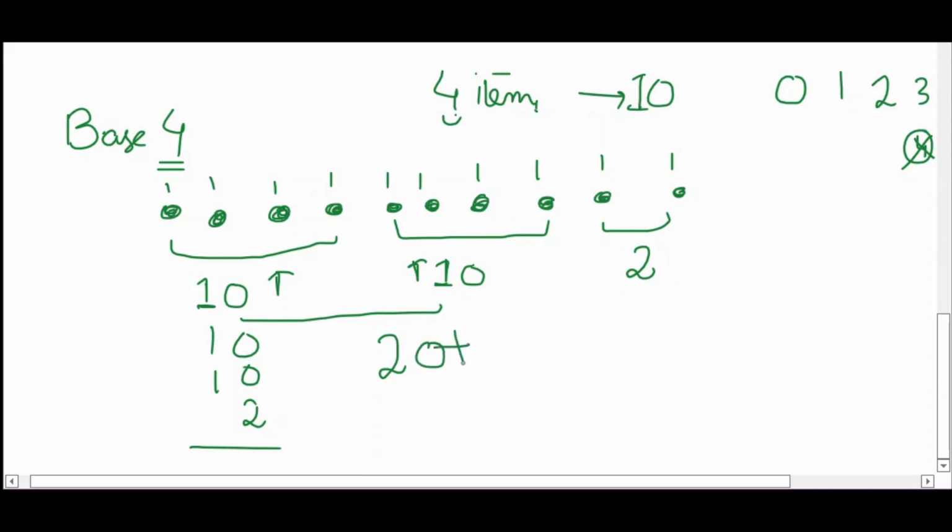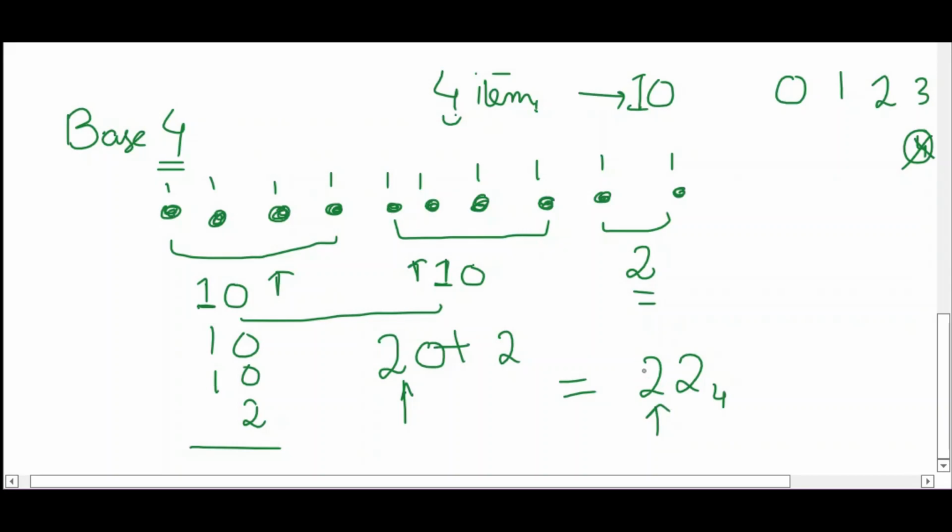And then I have this 2 left over here, which is 2 single ones. So when I add them together, I get 22, but it is in base 4, which says that I have 2 full groups of 4 and 2 ones.